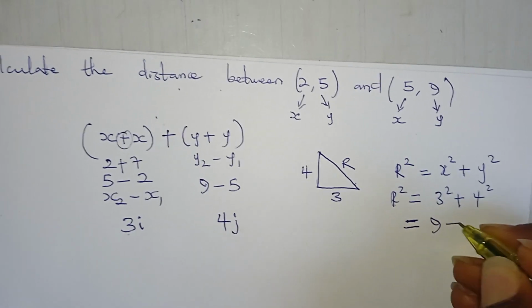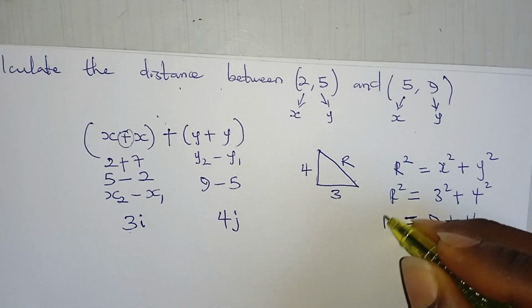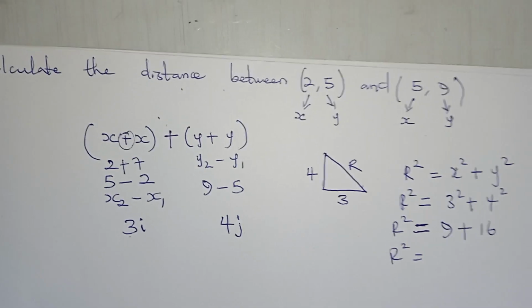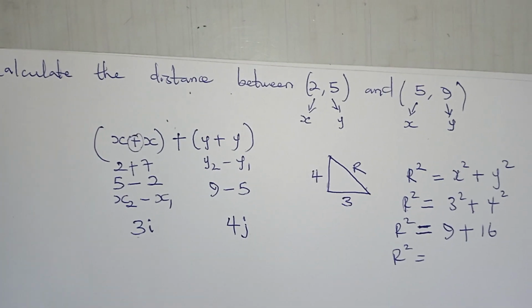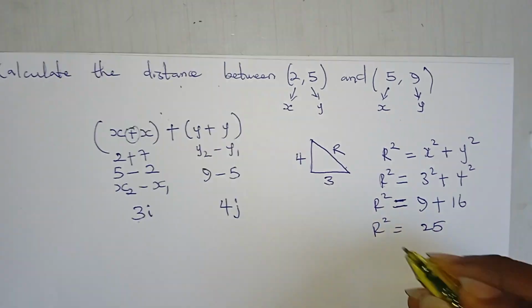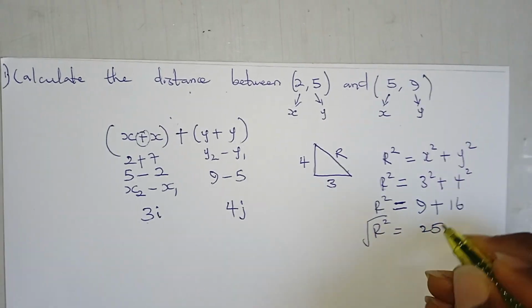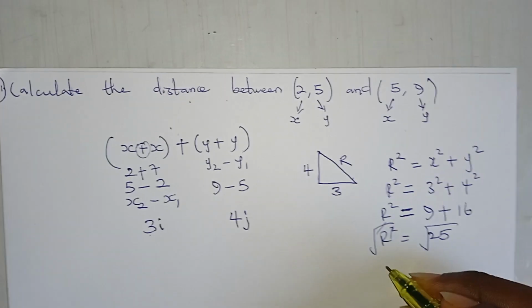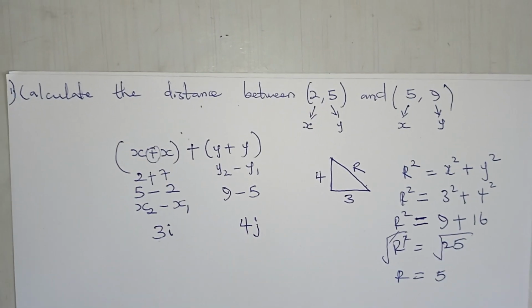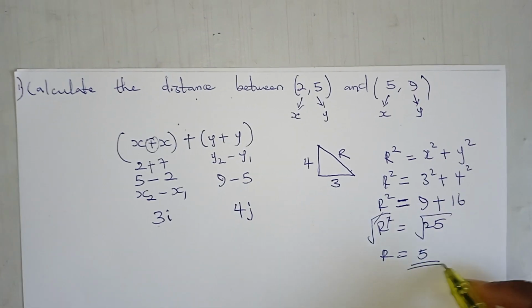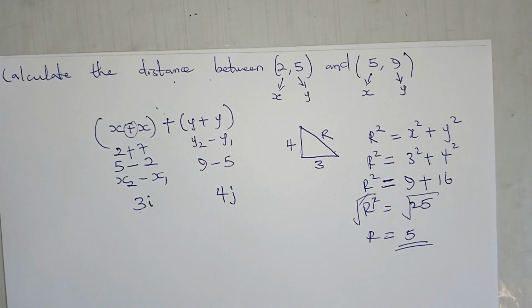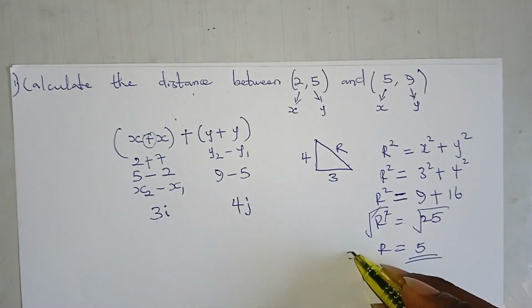So this is 9 plus 16, r square. R square is equal to 25. Take the square root of both sides. So this is my resultant and this is my distance.